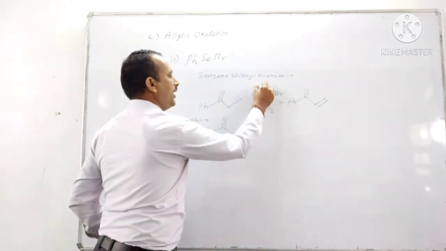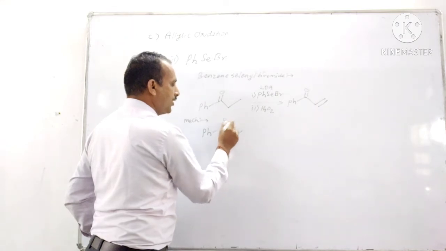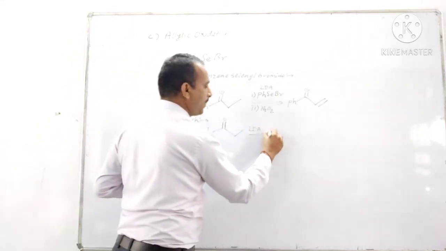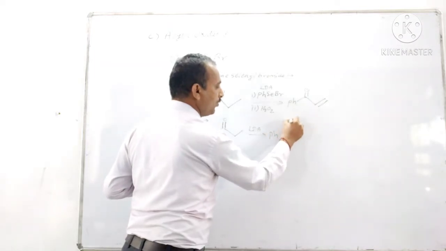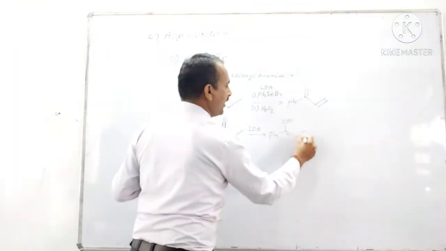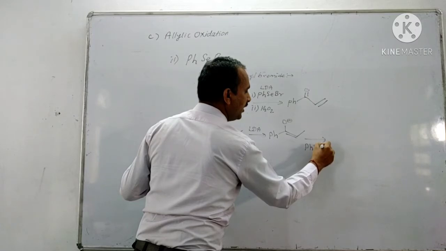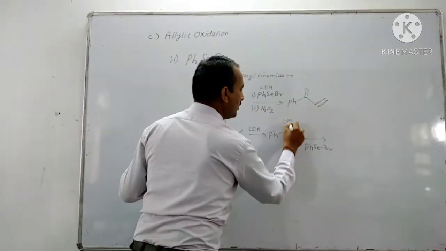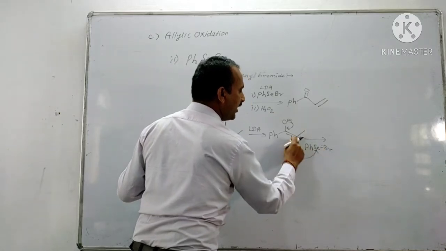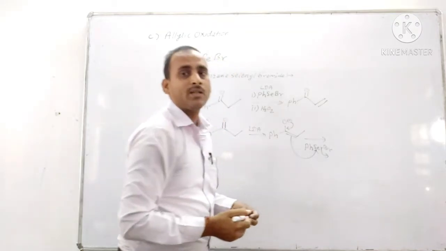Now in the presence of LDA, lithium diisopropylamide, there is enolate formation, Ph CO minus, and this enolate attacks the benzene selenyl bromide. So the carbanion of the enolate carbon attacks, and Br minus leaves.